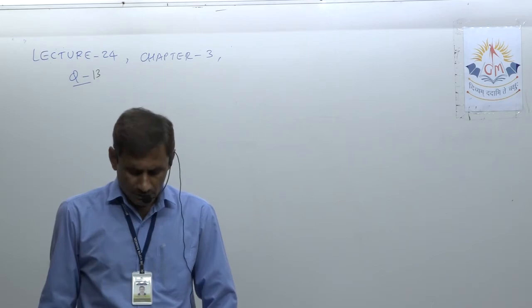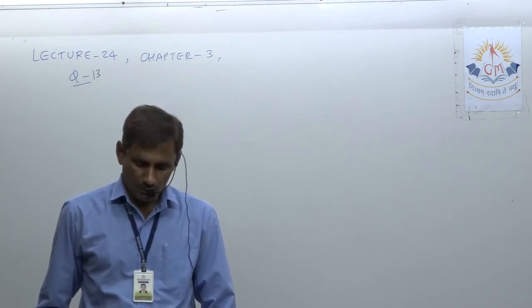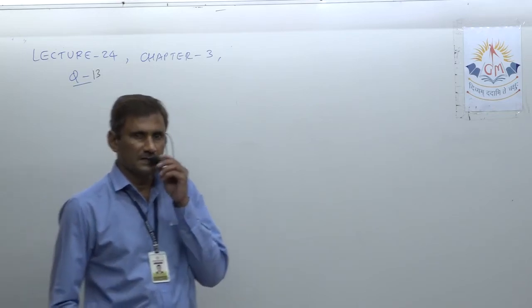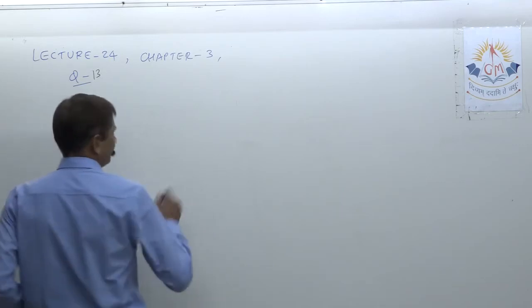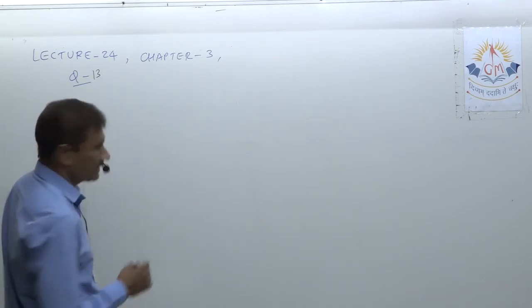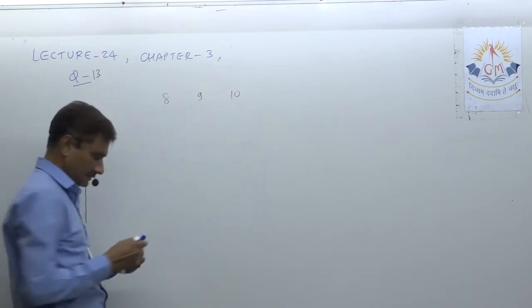So first of all we get the LCM of all three numbers. Actually the LCM process need not be shown here, but if you want you can. Now 8, 9 and 10 are there, you know this method.